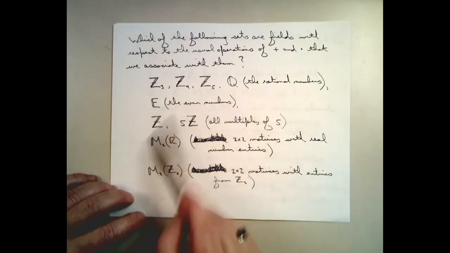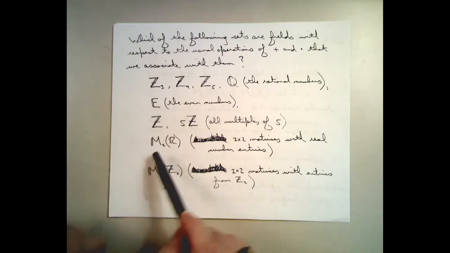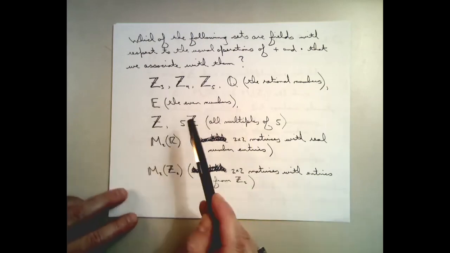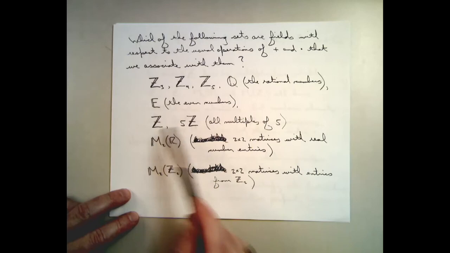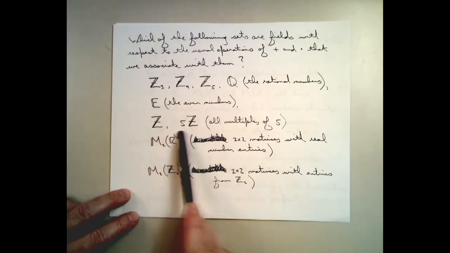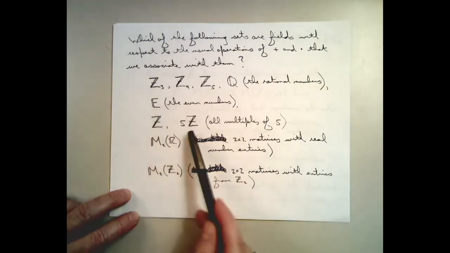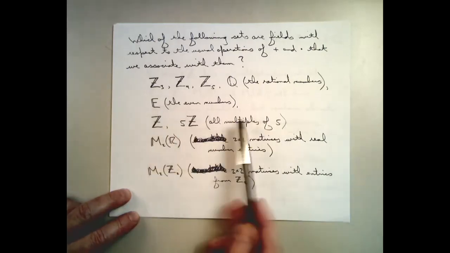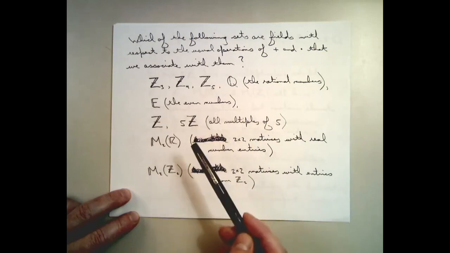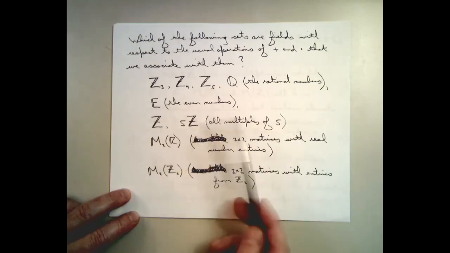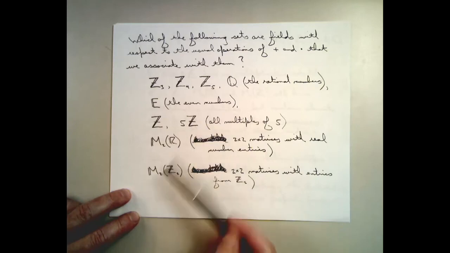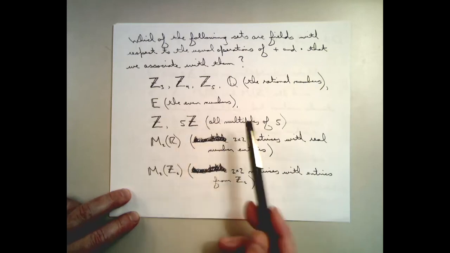E, I'm going to refer to as the set of even integers. Z is the set of all integers. I'm going to use this notation, 5Z, to mean all multiples of 5. Similarly, I could call E, for instance, 2Z, all multiples of 2. So that would be another way of indicating E. But I could also talk about 3Z or 17Z, what have you.